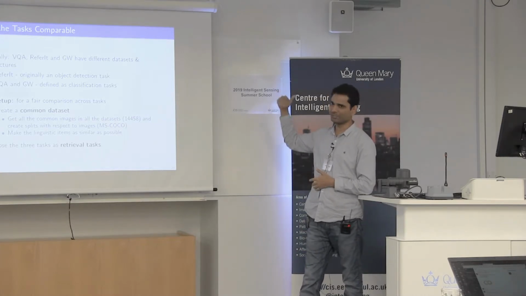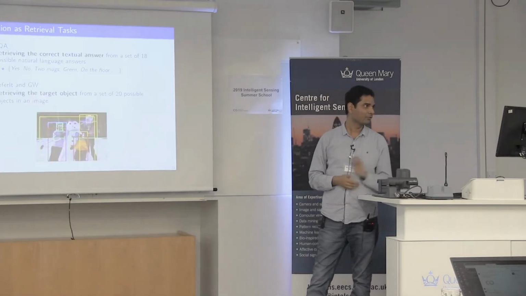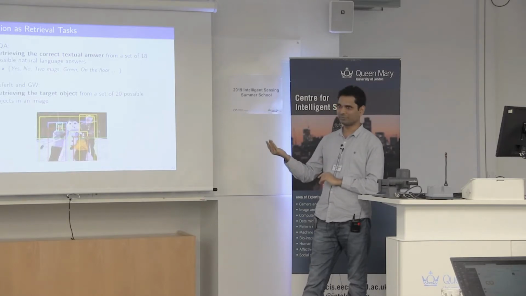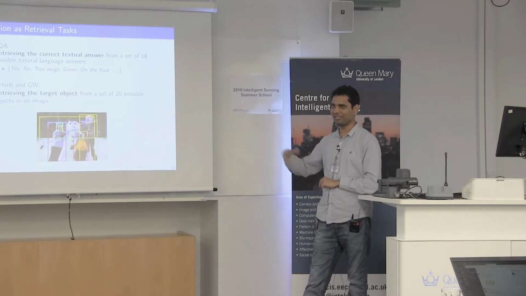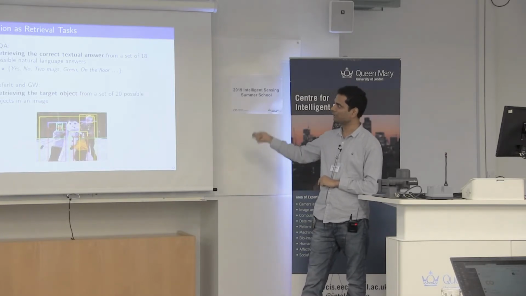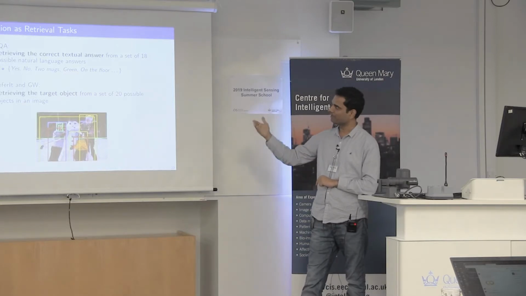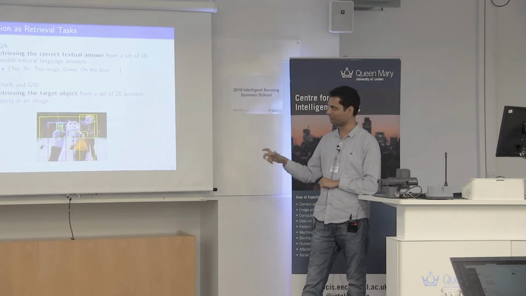Instead of the original form, you just change it to a retrieval task. How? For VQA, we changed it to retrieval of the correct textual information. So instead of classifying into one of the possible answers, you just predict the textual feature of the answer. And for ReferIt and GuessWhat, you basically generate the visual feature of the target object.